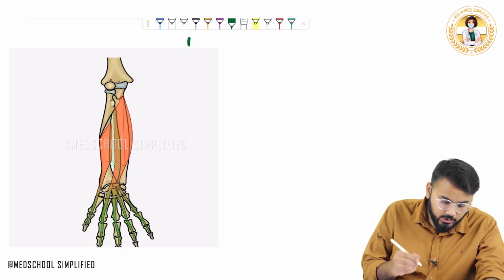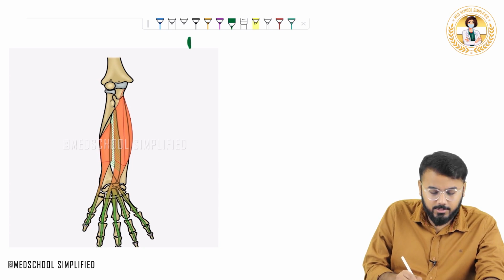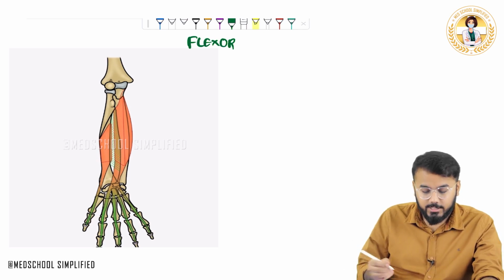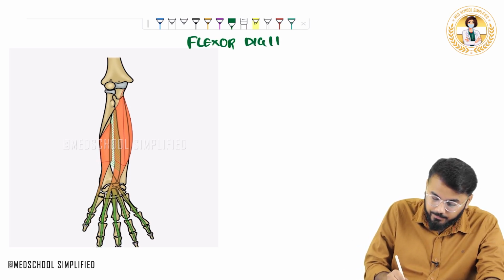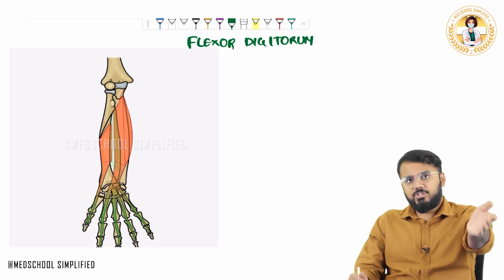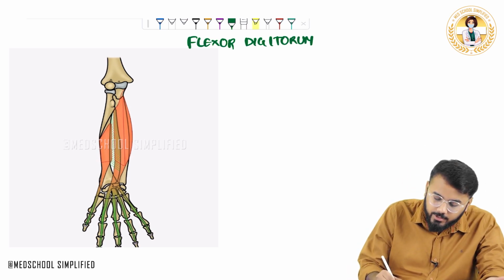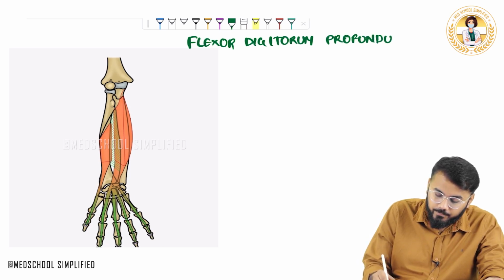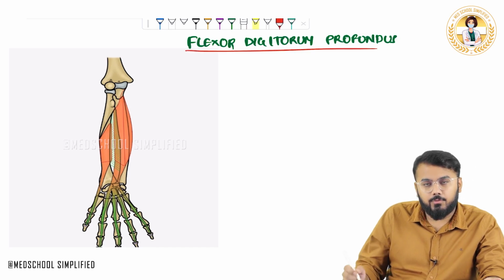Next, this is another flexor muscle, because it is originating from the flexor point. And where is it inserting? To the digits, so digitorum. Previously we discussed superficialis; now it will be profundus. Flexor digitorum profundus.